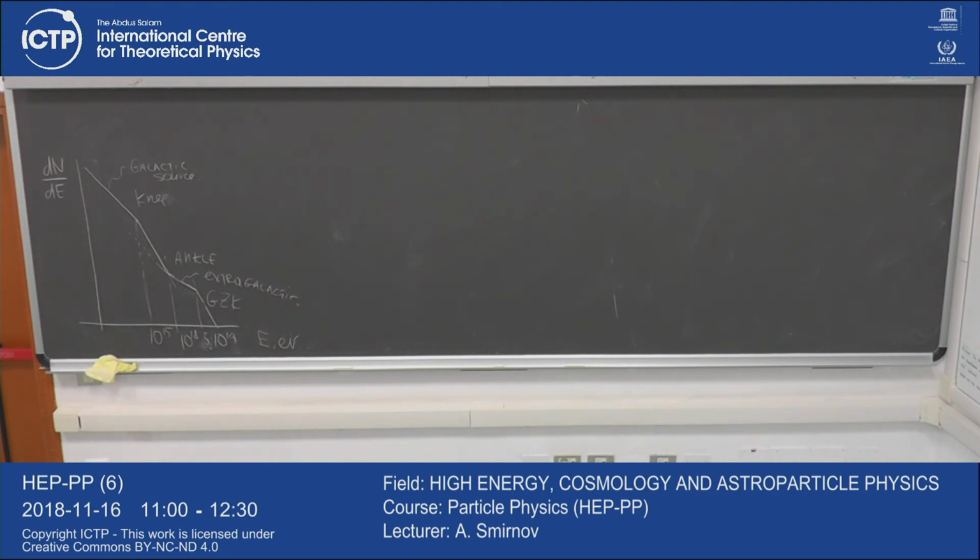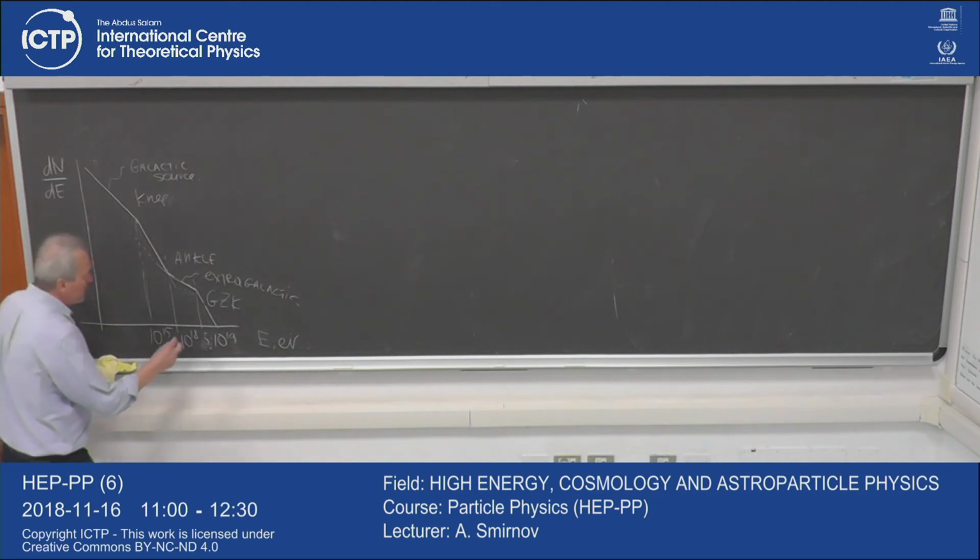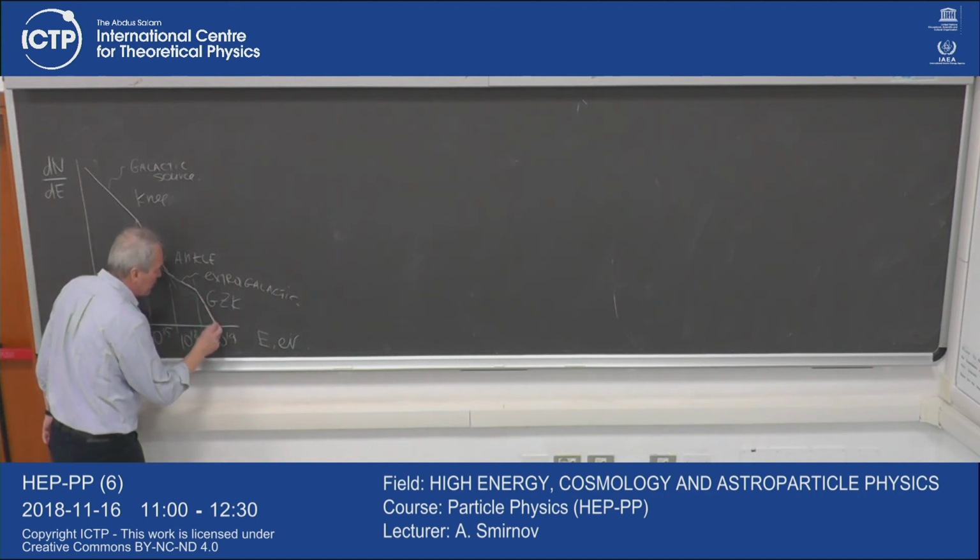Another interpretation of this cutoff is that, again on this microwave background radiation, iron nuclei are just split, and therefore the parts of the original nuclei will have lower energies. So we need more events in this range to distinguish these two mechanisms.